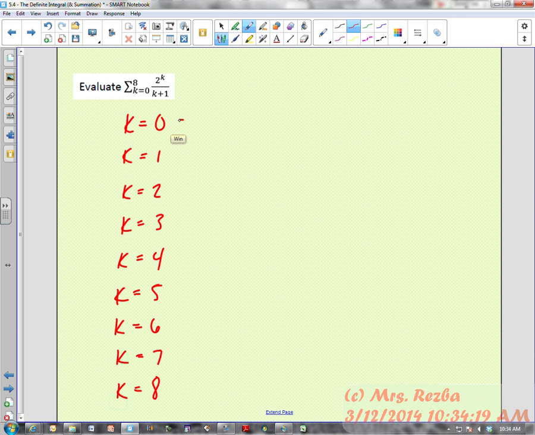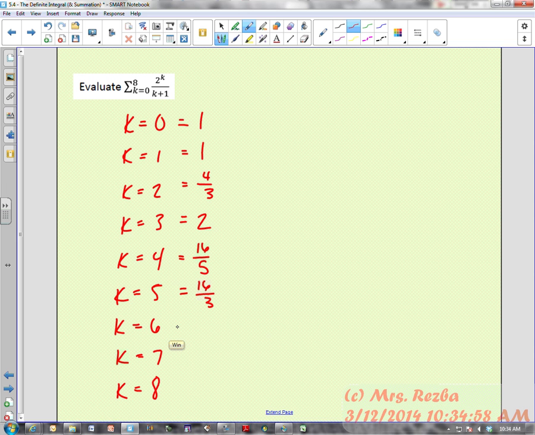So when k equals 0, we get 1. When k equals 1, we get 1. When k equals 2, we get 1.3 repeating, which we all know is 4/3. When k equals 3, we get 2. When k equals 4, we get 3.2. That is 3 1/5, or 16/5. K equals 5, we get 5.3 repeating, which is 5 1/3, which is 16/3. K equals 6, we get 9.1429, so I'm going to put that into the entry part.